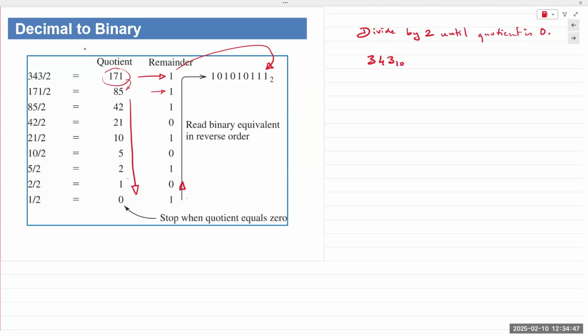As I said, this is the MSB, and this would be the LSB, least significant bit. And 343 is 101010111 in binary.